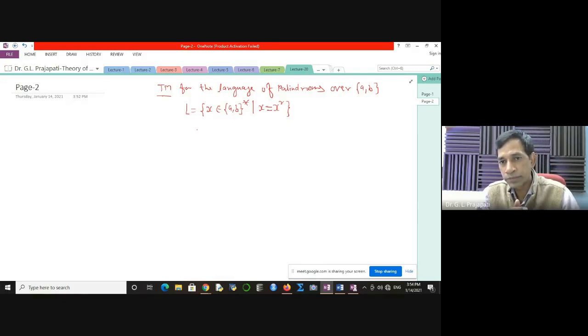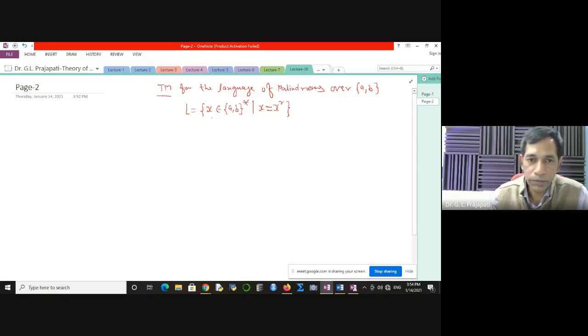Here you will see you have the deterministic Turing machine for this case. So how can you construct the Turing machine for this?